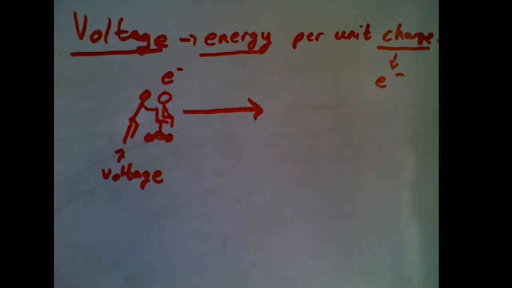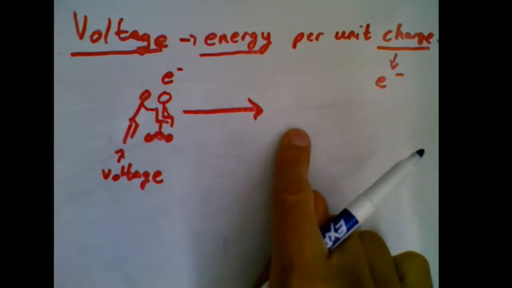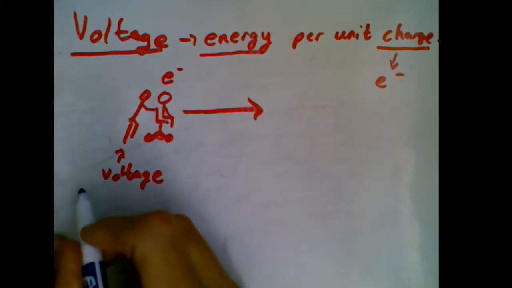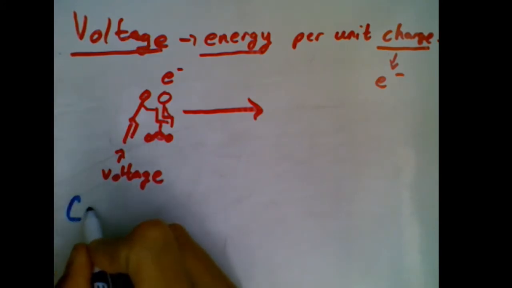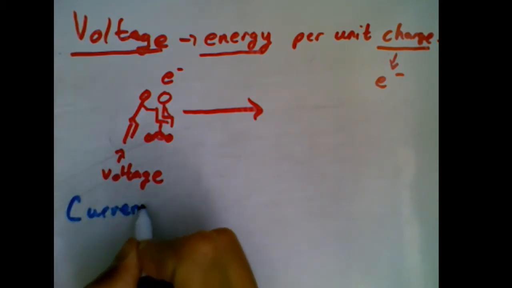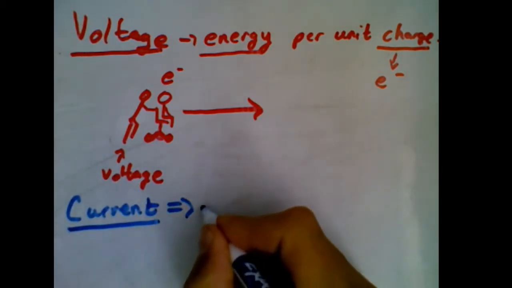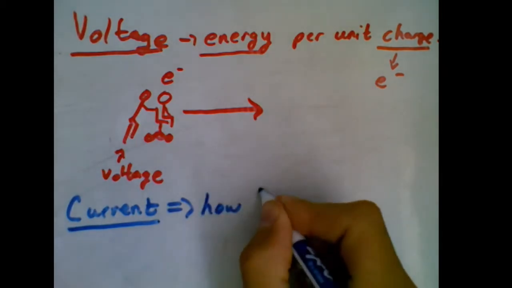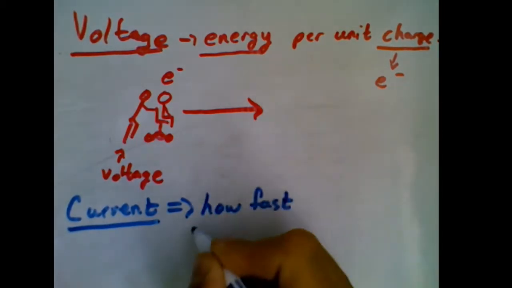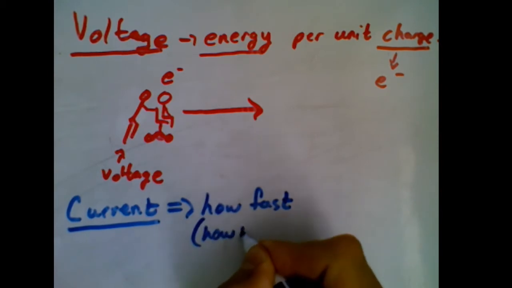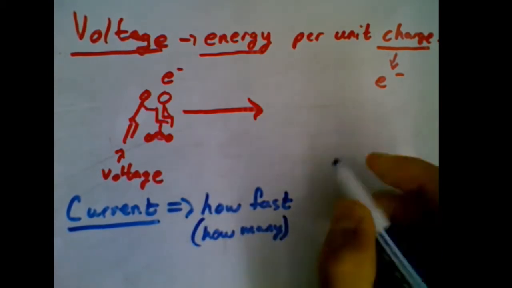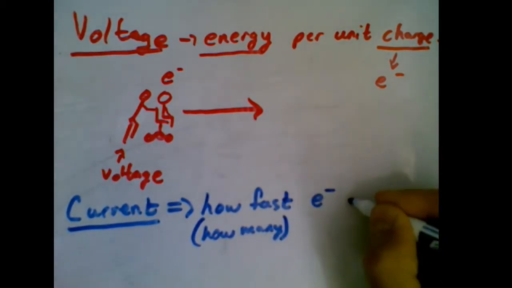But once we push those electrons, they're actually going to start moving. And that leads us to another idea, which is called the current. The current is essentially how fast, or you could also think of it as how many electrons are moving.